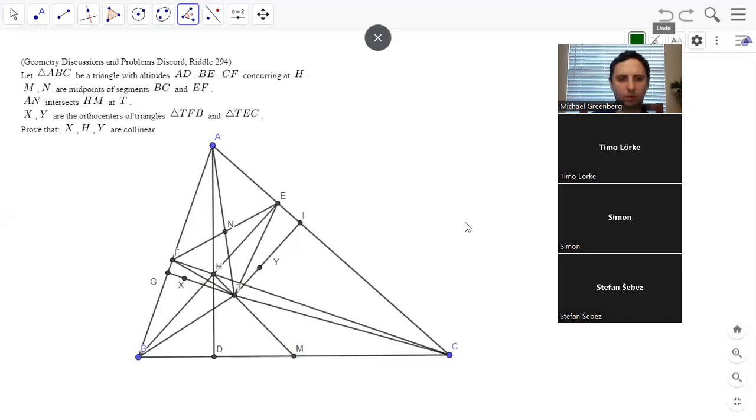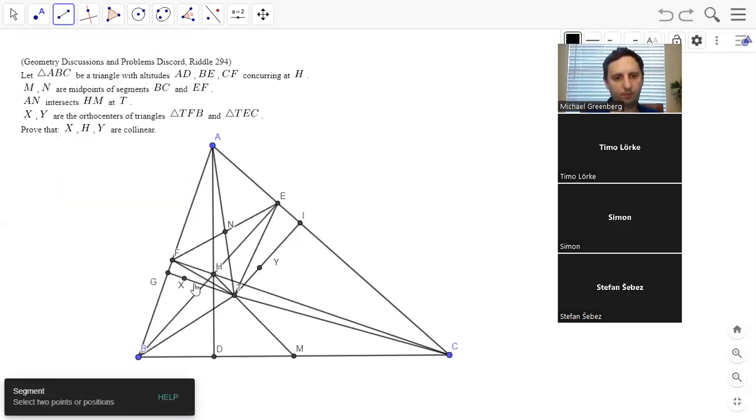Also, now I see that line XYH is perpendicular to AT, this median. So if we could show XH is perpendicular to AT, that would solve it. Could H be the orthocenter of another triangle?